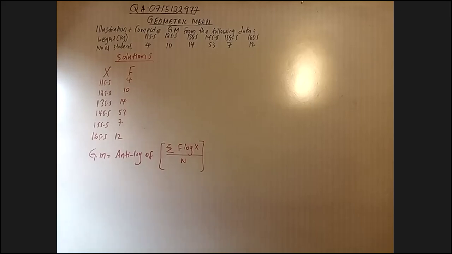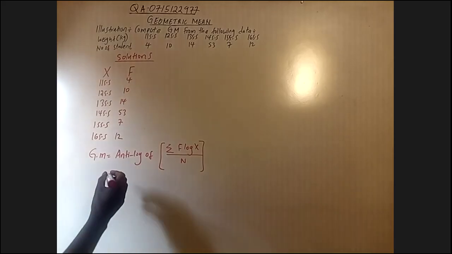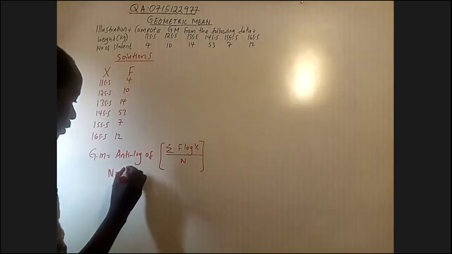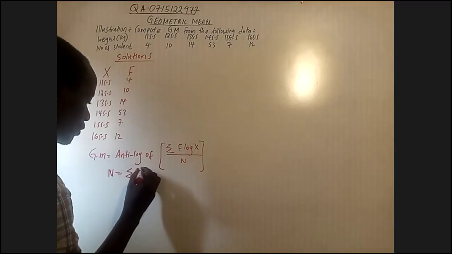But remember our n. Now you need to be very keen. Our n is the total frequency. Our n, we're very keen, is the summation of frequency.